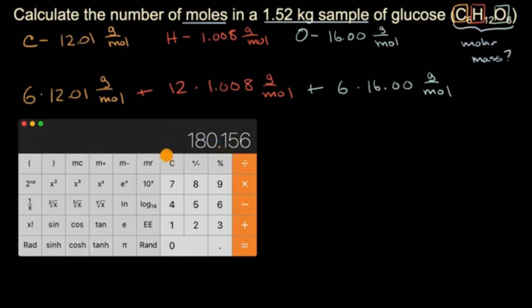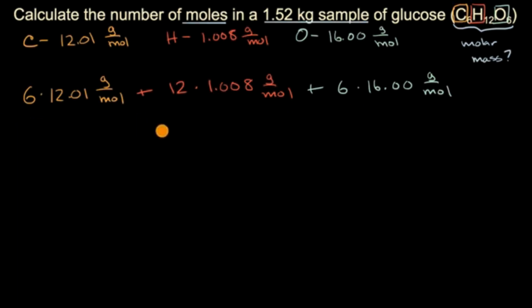So 180.16. So that's equal to 180.16 grams per mole. And we could say grams of glucose, C6H12O6, per mole of glucose, C6H12O6. And then we can use this 1.52 kilograms to figure out how many moles we have.